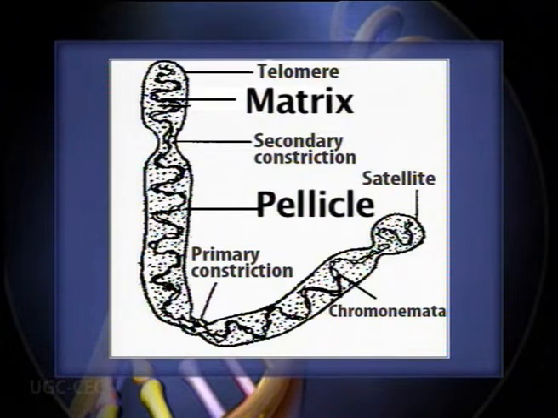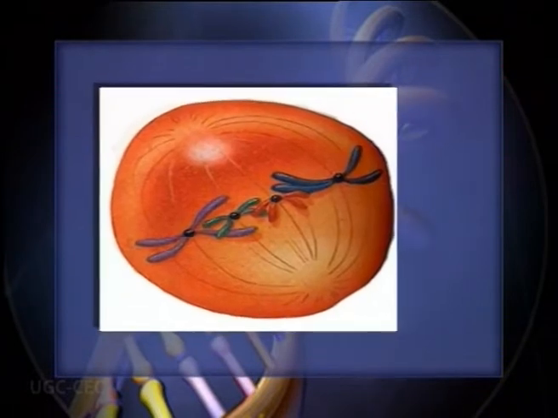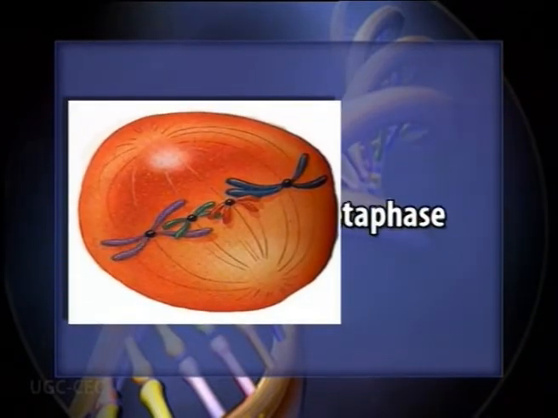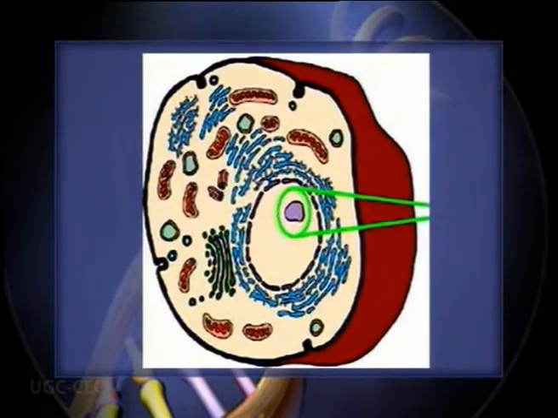Both the pellicle and matrix are composed of achromatic or non-genetic material and appear only at metaphase, when the nucleolus disappears. It is believed that nucleolar material and matrix are interchangeable, that is, when the matrix disappears, the nucleolus appears and vice versa.